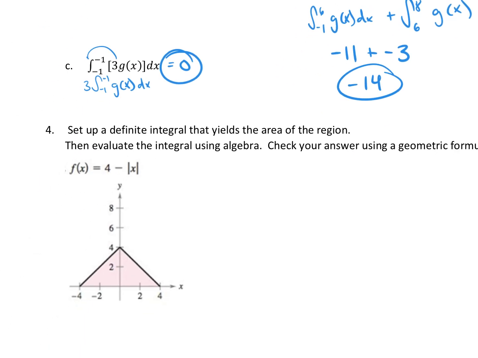All right, we're going to look at 4. For 4, if it gives you the graph here, you can find your area. We can find the area of the triangle just by using our area formula, so using our geometric formula. I'm going to solve this algebraically. So let's say it didn't give us the picture, and it just asked us for the integral from -4 to 4 of 4 minus the absolute value of x. So let's say that this was the question, and it had no picture.